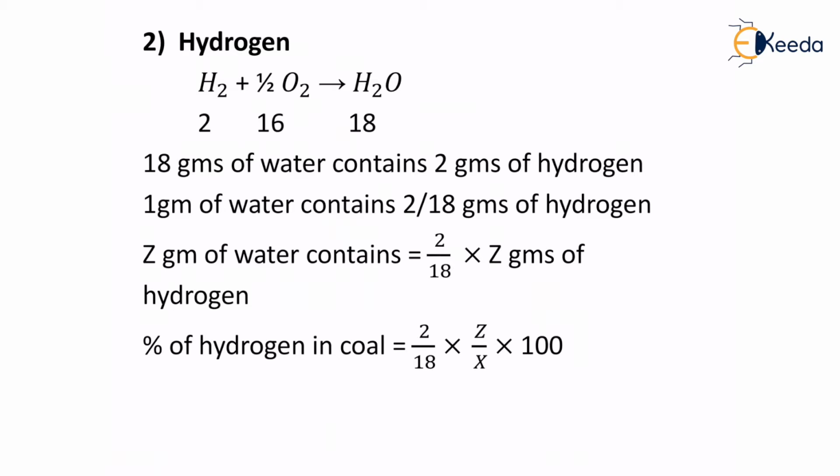We can also reduce it to 1 by 9 because 2 ones are 2 and 2 nines are 18, but as of now we have just kept it as 2 by 18. So Z grams of water contain 2 by 18 into Z. So the percentage of hydrogen will be 2 by 18 into Z by X into 100. Over here also we multiply by 100 because we really want to find the percentage of hydrogen.